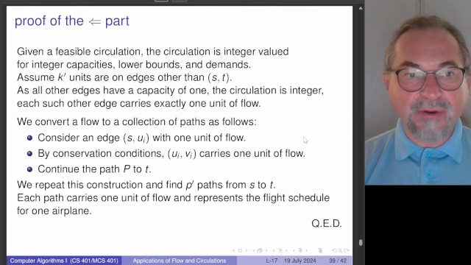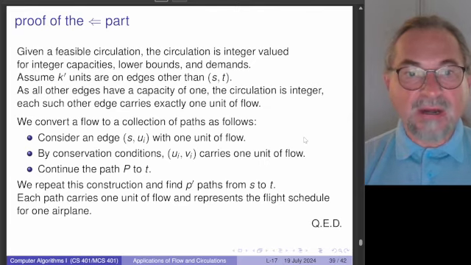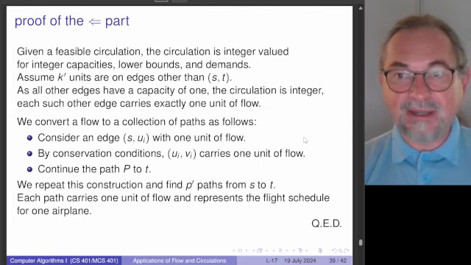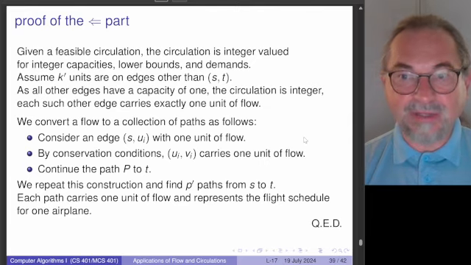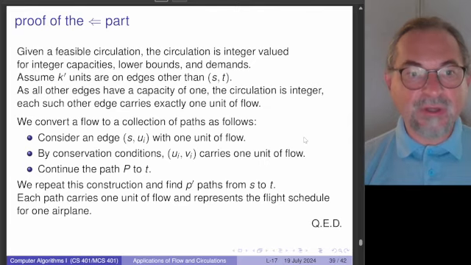We're going to interpret the feasible circulation. It gives us integer values. Now, the capacities on the edges were at most 1, and the lower bounds were either 1 or 0.